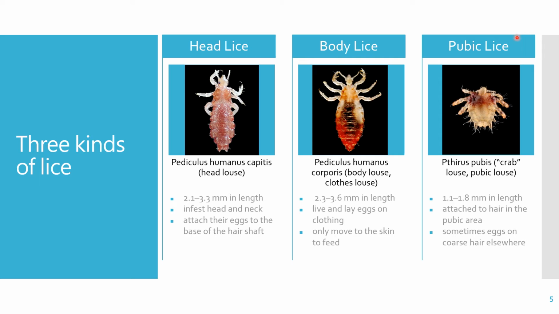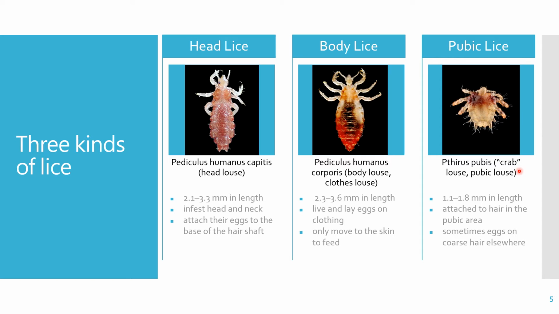Pubic lice. Oh, no, not yet. For body lice, only the body louse is known to spread disease. Body lice are known to transmit diseases such as epidemic relapsing fever, trench fever, something like that.